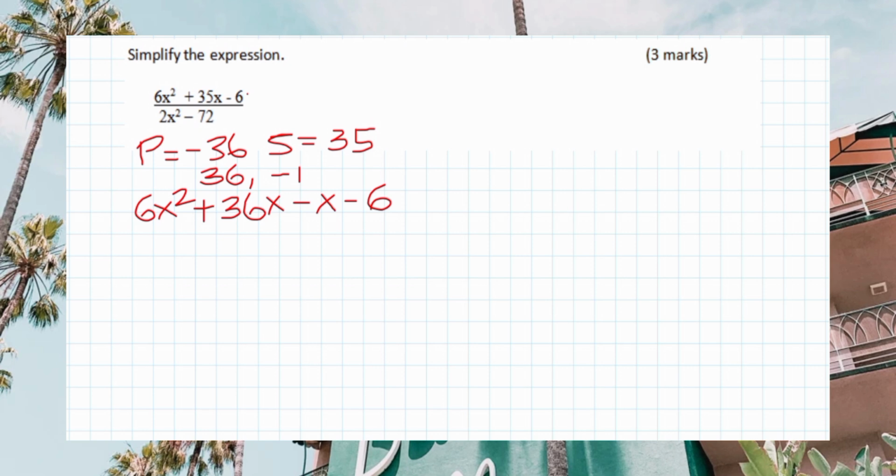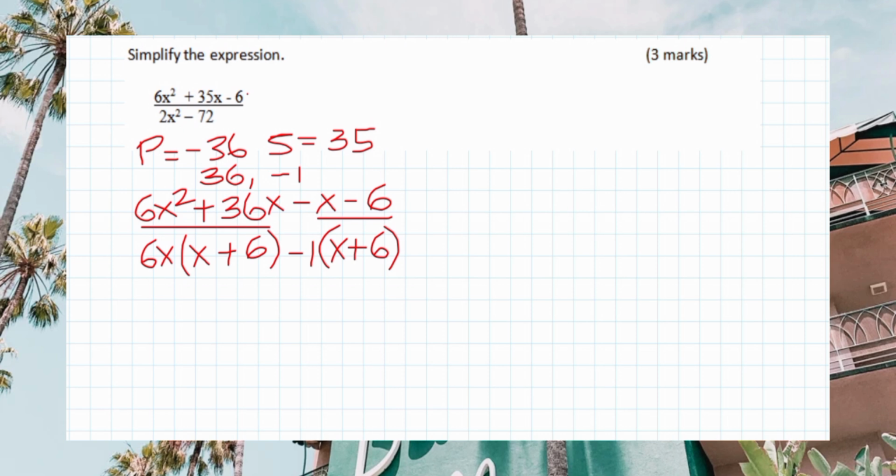Now you pair these two: in the first pair, you factor out 6x, so that you are left with x + 6. In the second pair, you factor out −1, so that inside the bracket you are also left with x + 6.